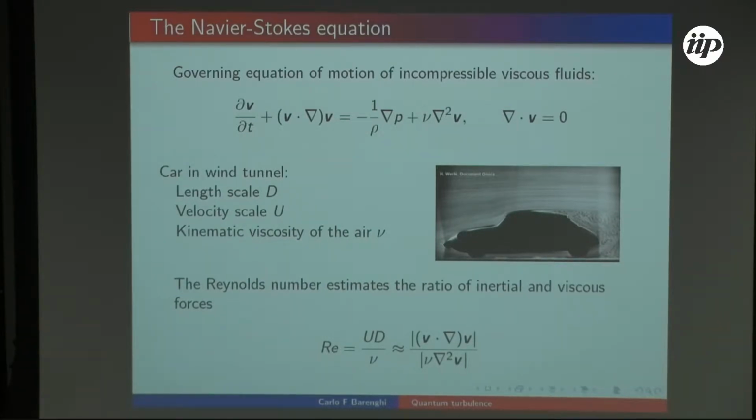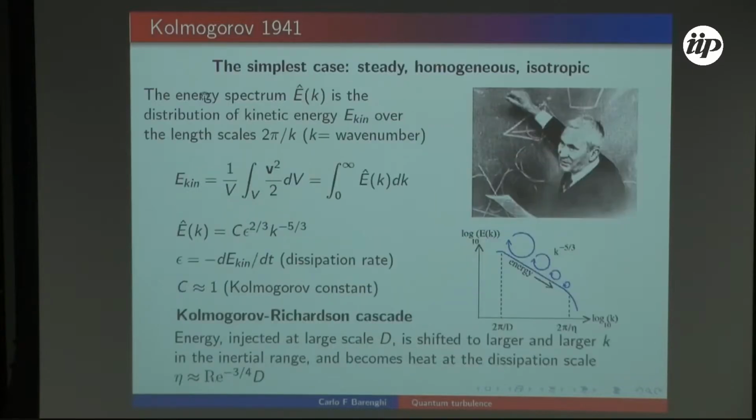And you see immediately from this equation that this number actually describes the ratio of the magnitudes, as estimates, between the inertial term, the quadratic nonlinearity of the Navier-Stokes equation, and the viscous term. So it's the ratio of forces essentially acting on fluid particles.